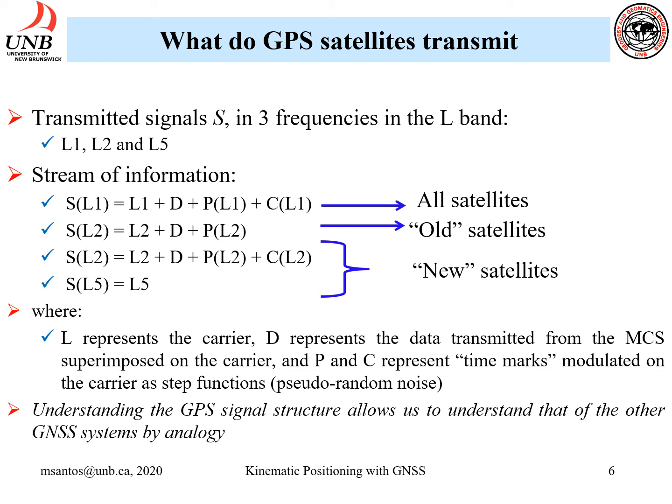That's important because we may have GPS receivers capable of tracking only the signal L1. They are single frequency receivers. There are others that track both signal L1 and L2. There are dual frequency receivers.